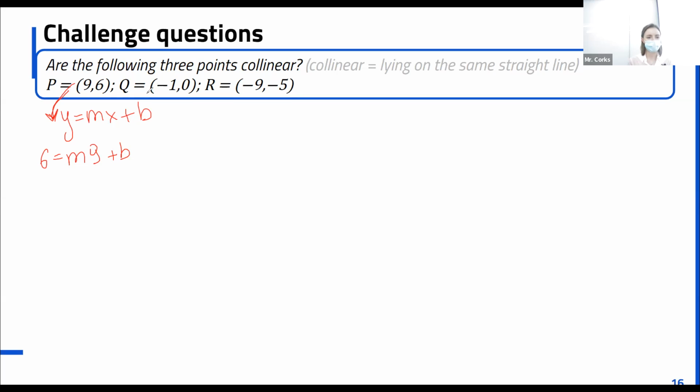Let's take the second point and the same formula, because we need to find the line. So y is 0, m is minus, x is minus 1, so minus m plus b. So here we have the common 2x2 system of equations, and from this system we can find out the values of m and b.